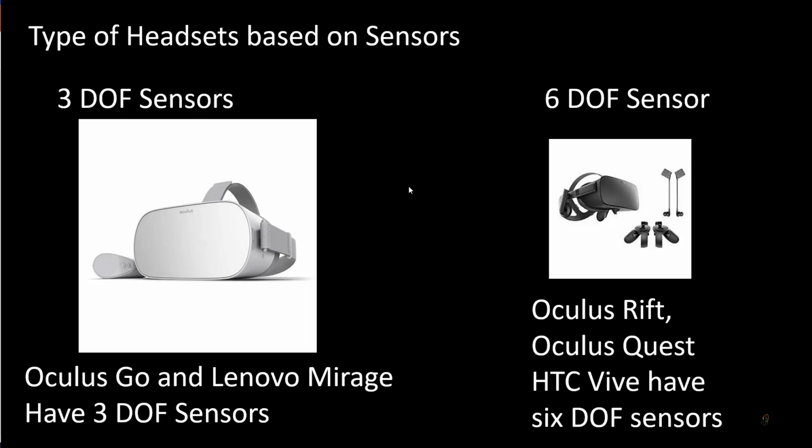However, if you want to enjoy the real virtual environment, then we use the 6 DOF sensor. 6 DOF sensor means the sensor not only identifies your head movement, your hand movement and your clicks.